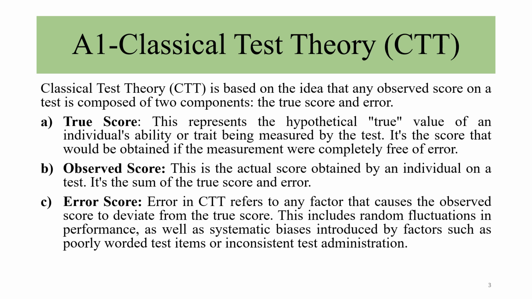So these errors may be due to random fluctuations or random error, or systematic biases which are due to problems in the measuring instruments. For example, poorly worded test items or scale items, and inconsistent administration means there are differences in the administration of the tests or problems in the administration of the test.